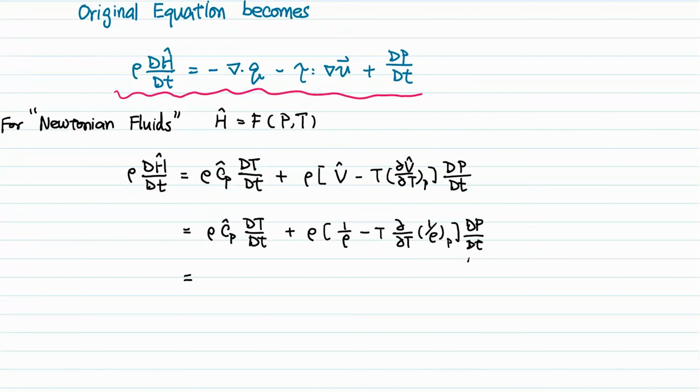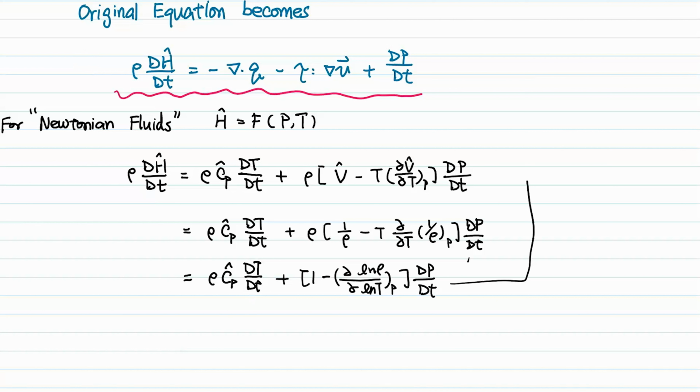And that equals rho Cp DT/Dt plus (1 minus partial natural log rho over partial natural log T at constant pressure) times DP/Dt.